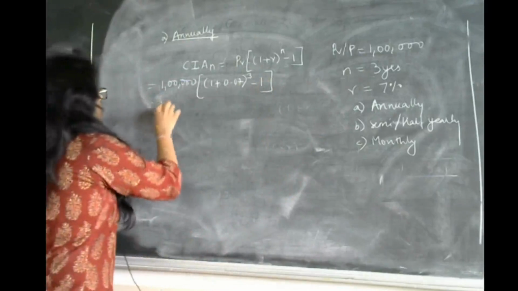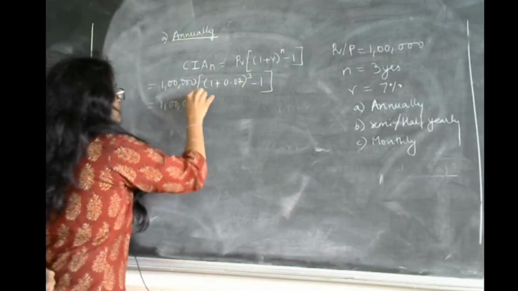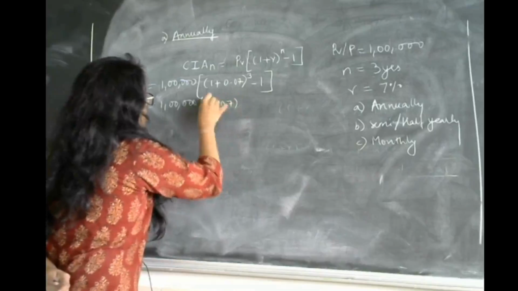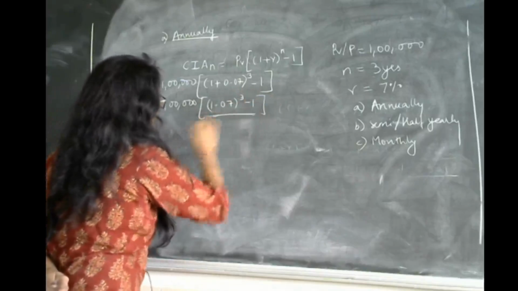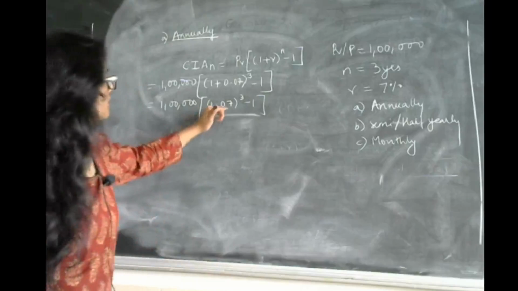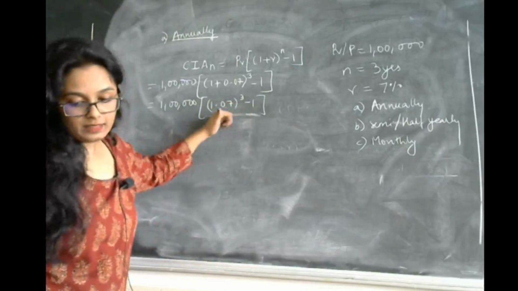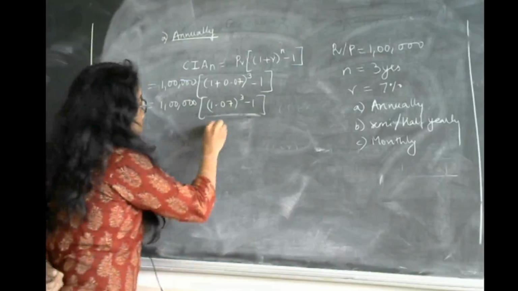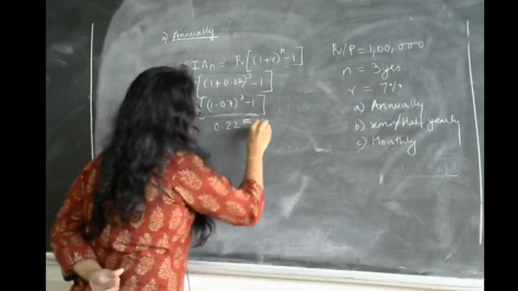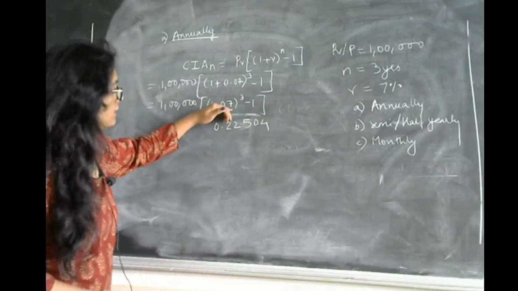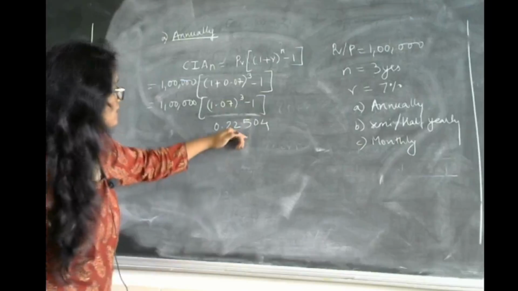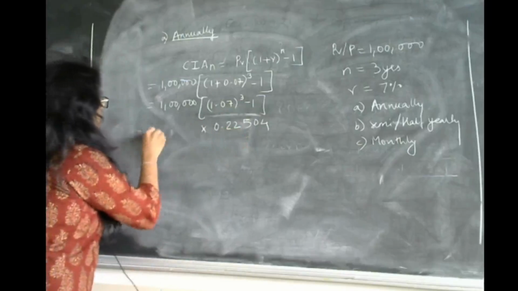Okay, so now let us solve this problem. 1 lakh, 1 plus 0.07 will come to 1.07, the whole raised to 3, minus 1. Let us start with solving the bracket first. 1.07 multiplied 3 times, minus 1: solving this bracket, you will get around 0.22504. Then multiply this with 1 lakh.